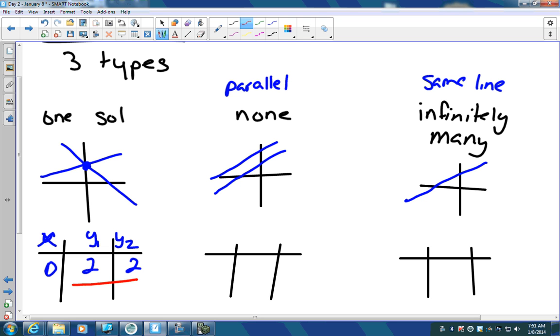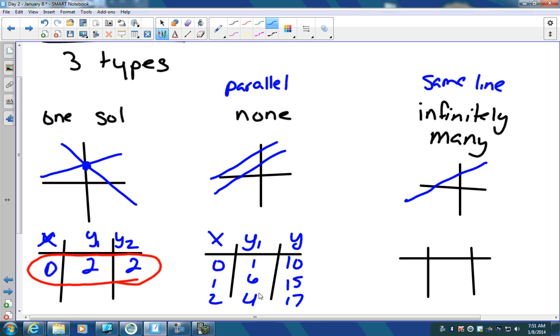If there's one solution, there is one place where Y1 and Y2 are the same. If there are no solutions, that means there will be no place where Y1 is equal to Y2. You will not be able to find any of them anywhere.